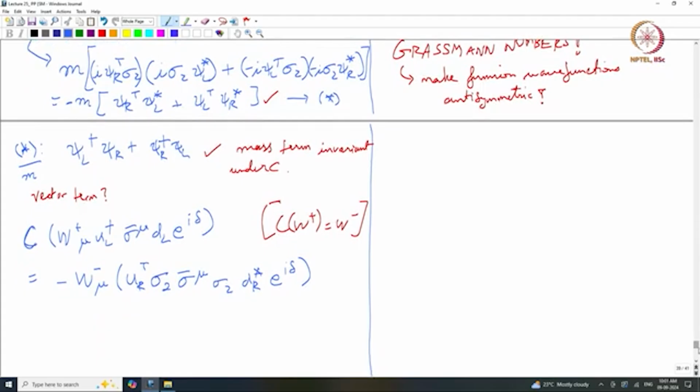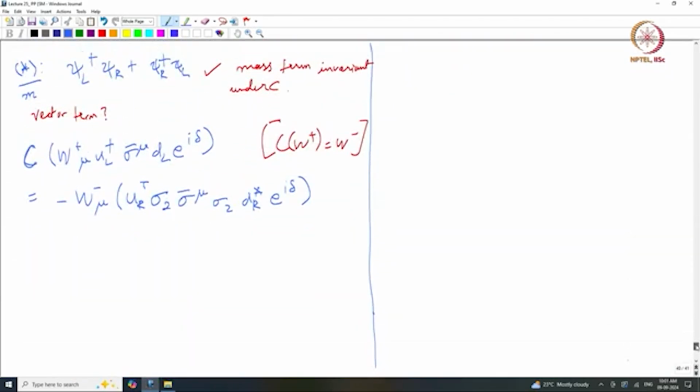Now, I am going to write down what this is, and I will tell you what properties of the Pauli matrices I used. This turns out to be nothing but W minus DR dagger sigma bar mu UR e power I delta. Okay. So, I will tell you what I did here. So, I used two things.